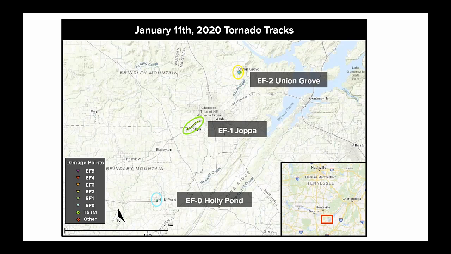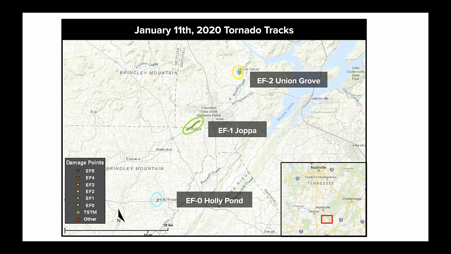So what happened that day? We had a short, brief, weak tornado in northeast Coleman County. This is Coleman County right here in the bottom left portion of the image. And then we had an EF1 tornado. That was actually the longest track one that we had that day, that crossed the northeast Coleman County border into southwest Marshall County.